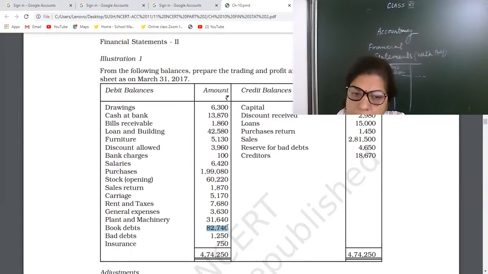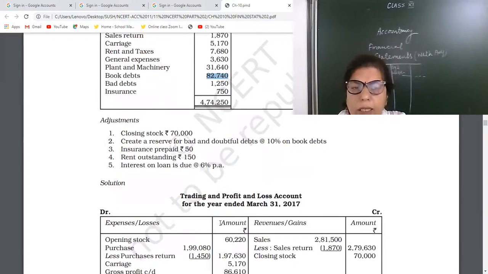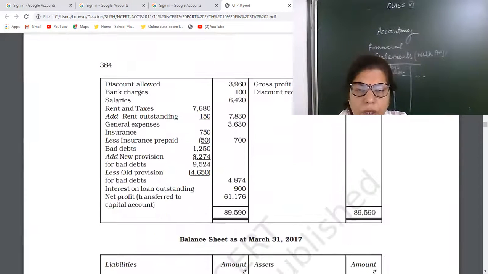So 10% of 82,740 is 8274. Now old PBD. In our question, old provision is given. So we should subtract it because we are making a new provision. Now the net amount is 4874. Interest on loan outstanding.